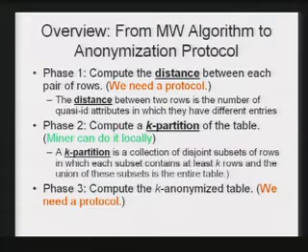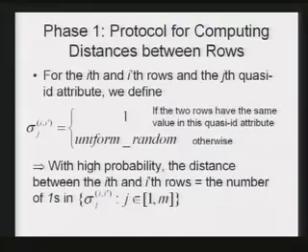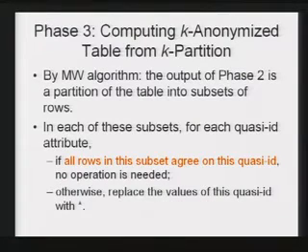Now, we need a protocol for phase 3, computing the k-anonymized table from the k-partition. Recall, a k-partition is just a partition of the table into subsets of rows, and each subset contains at least k rows. Okay?